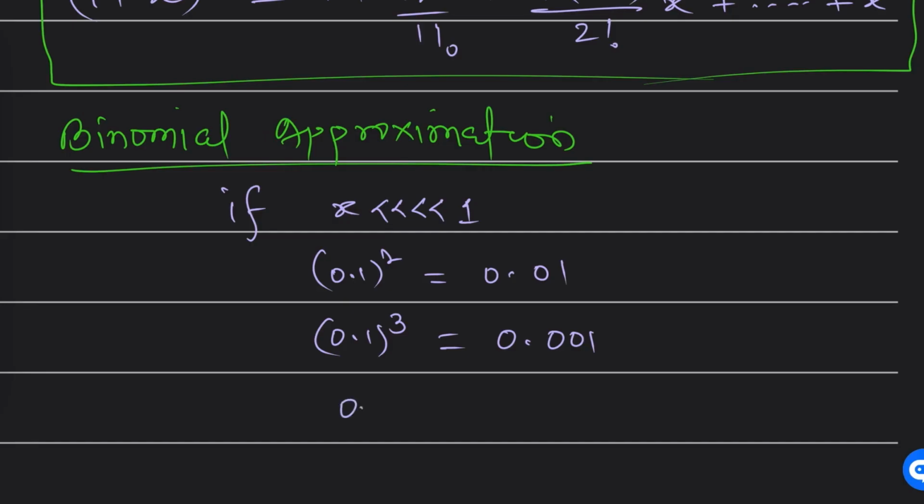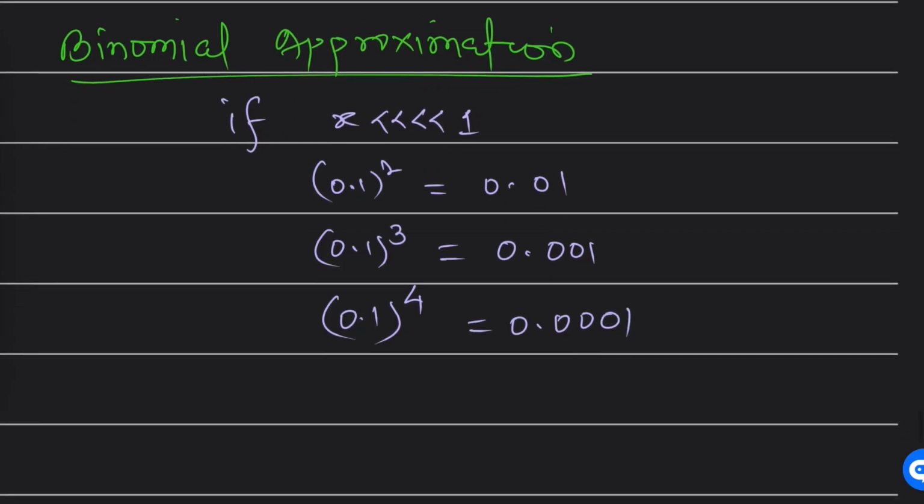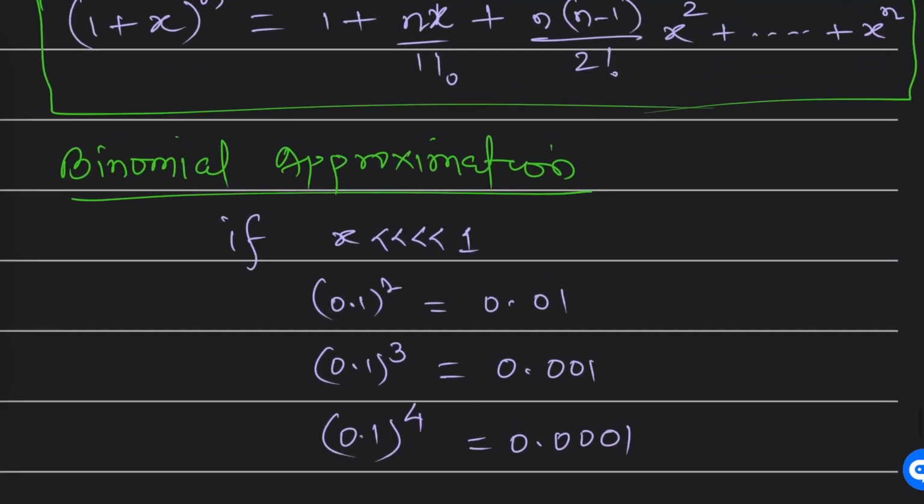Let me explain one more time. 0.1 power 4 is what, sir? 0.0001. Isn't it decreasing further? Yes. So if I give a power to a number less than 1 and keep increasing the power, the number is further decreasing.